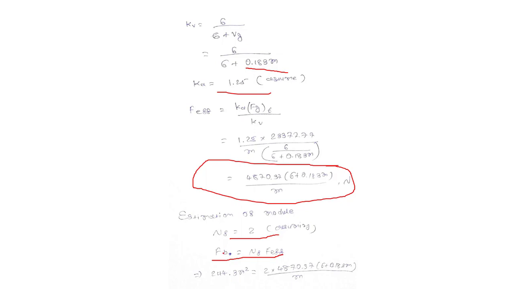Putting the values of F effective and Fb in this equation and solving by trial and error, we get module is 6.6. So for the first choice, from the standard data book table, we get module is 8 mm.